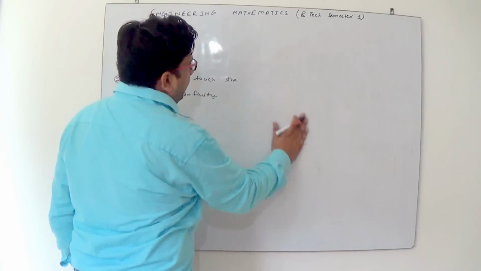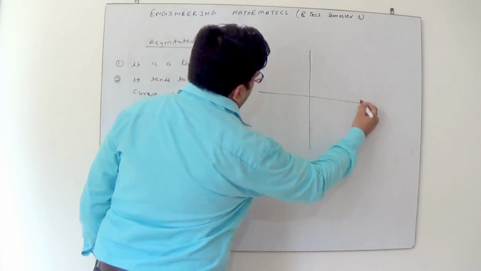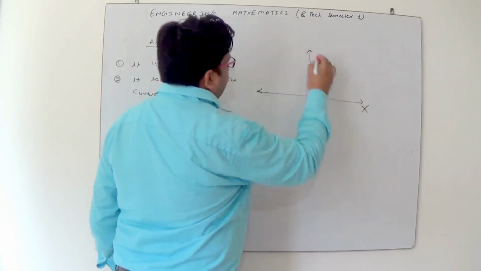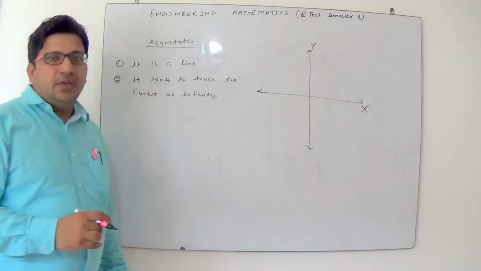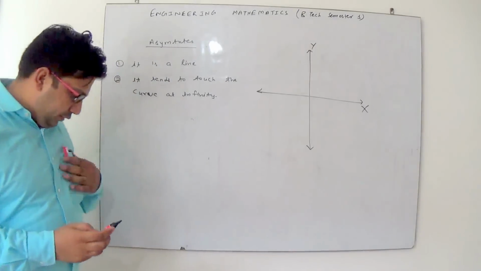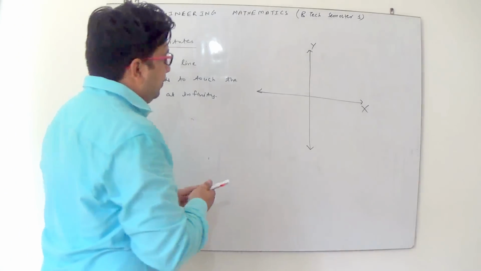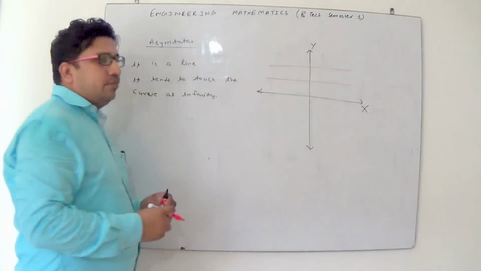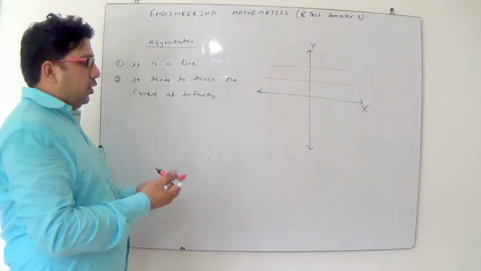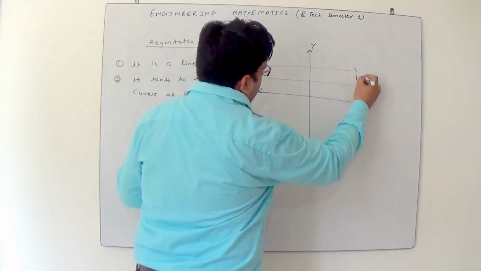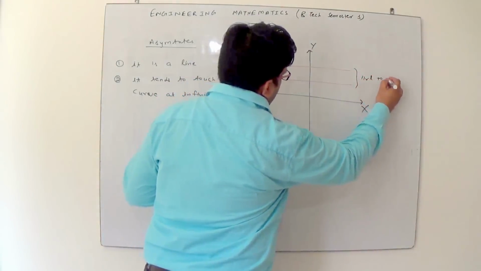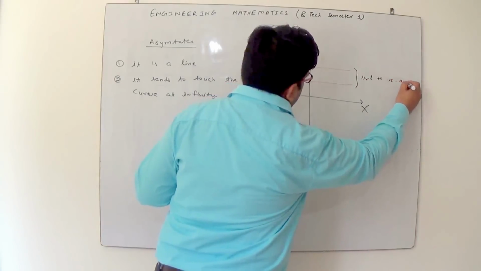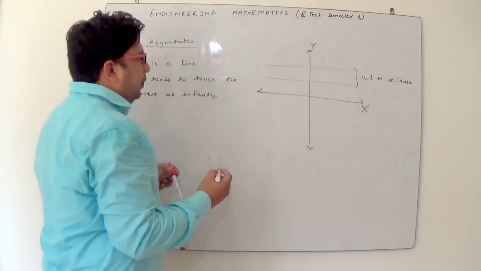Now, as you know, on the xy plane, x-axis and y-axis, we can draw three types of lines. Let's have a look at it.